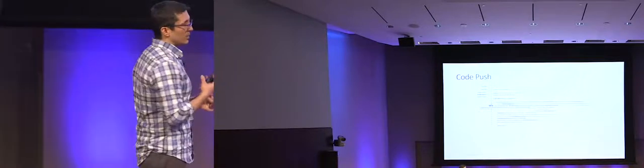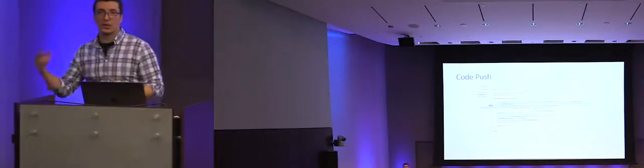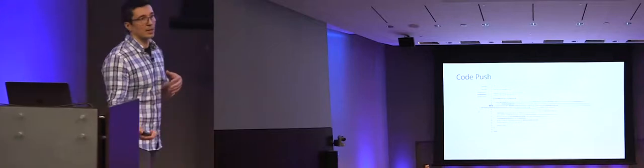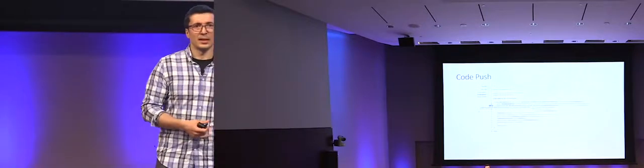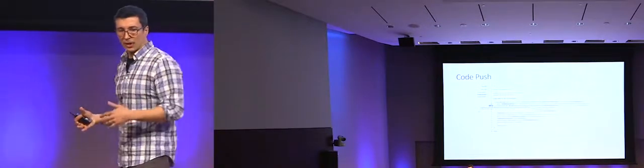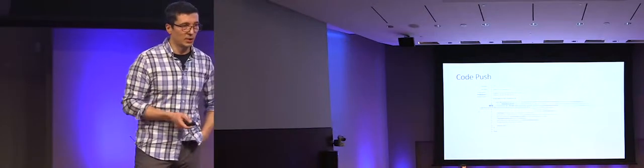And what's nice about it is when it's pushing a new version of your app, it's also keeping the old version. So in case of a regression or a crash or something unexpected, you can automatically roll back, which is a very cool feature. And it also adds things like analytics and crash reporting. And you can also use it as an A/B test framework. And you can determine what demographic should see what JavaScript code.